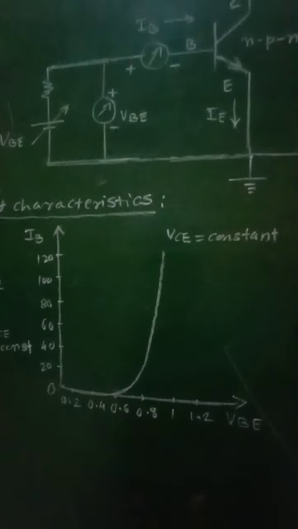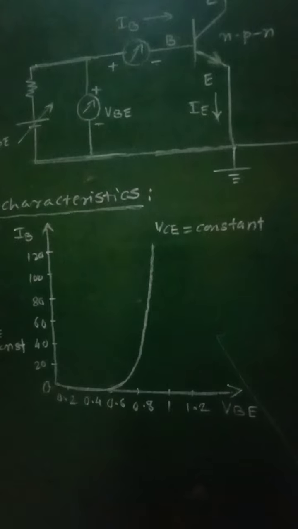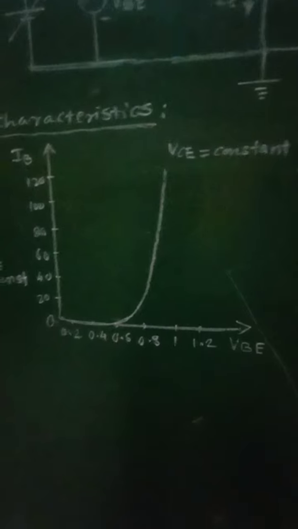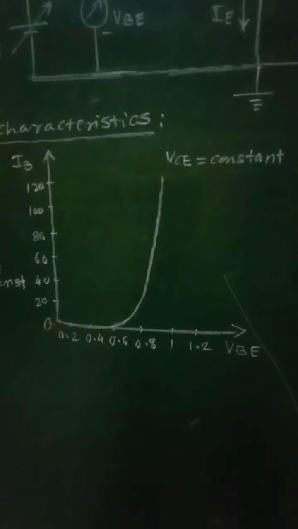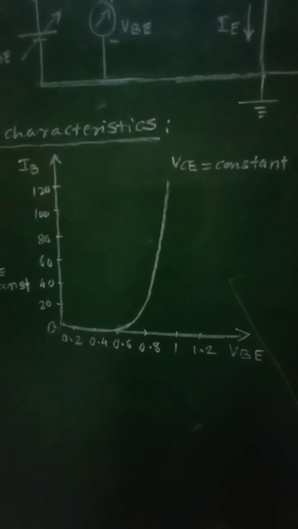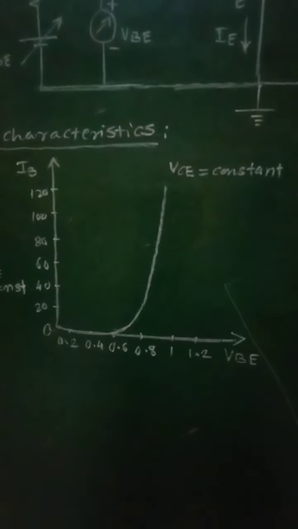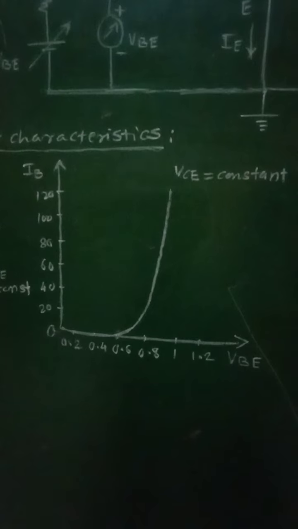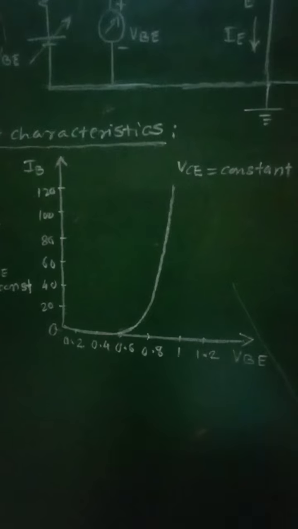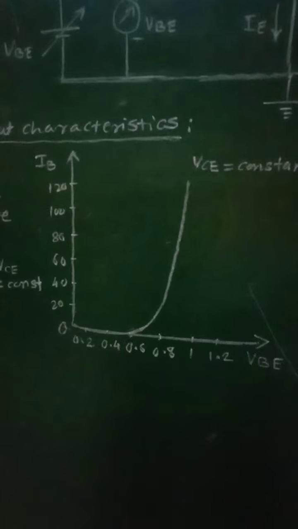Therefore we can say that the variation of base current IB with the base emitter voltage VBE, keeping collector emitter voltage VCE fixed or constant, is called the input characteristics. So the nature of the input characteristics in case of this common emitter mode is as shown.